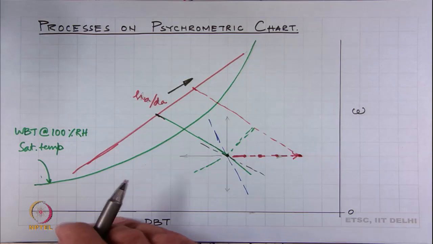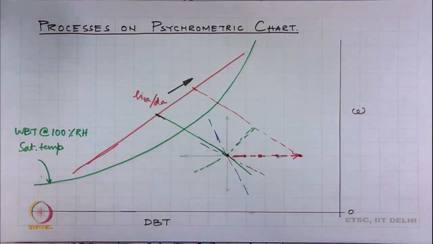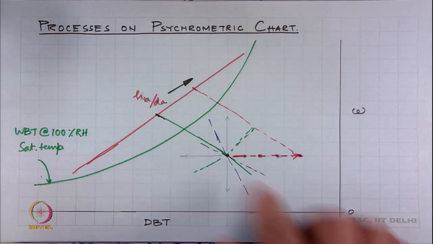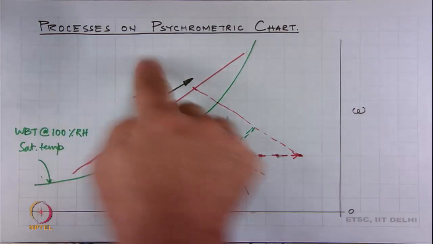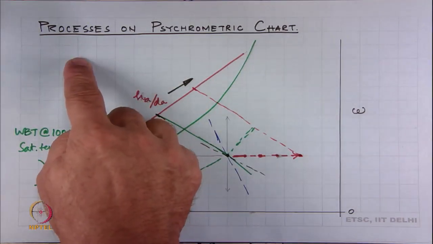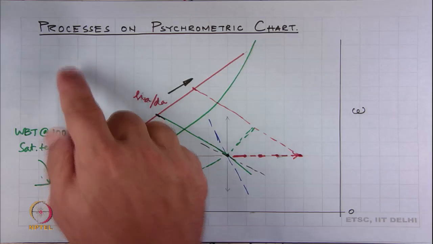This is the way we will do calculations for all the other changes that we come across. This case is purely sensible heat addition, which, as we saw earlier in that picture on this side, has a ratio of sensible heat to total heat of 1.